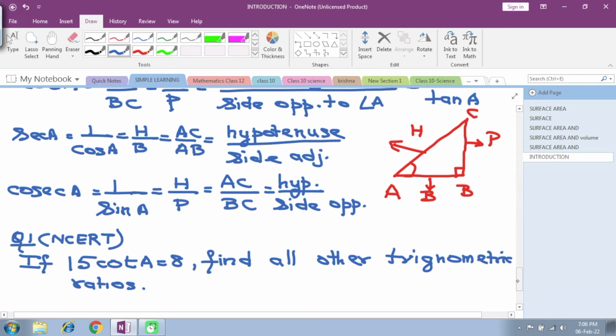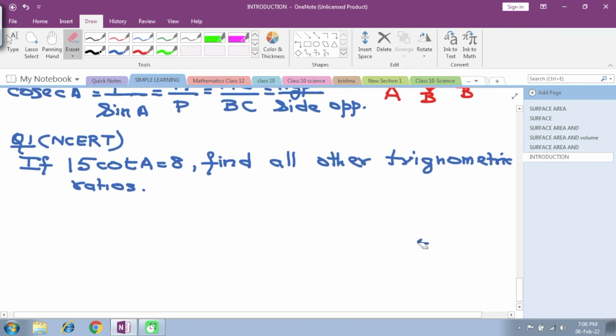Now there are 6 trigonometric ratios. I would like to do one question, but before that, how to memorize it in a simple way. First you can write S for sine, C for cos, and T for tan. SCT, you can use any word for this. Then you can write P divided by H: perpendicular by hypotenuse.